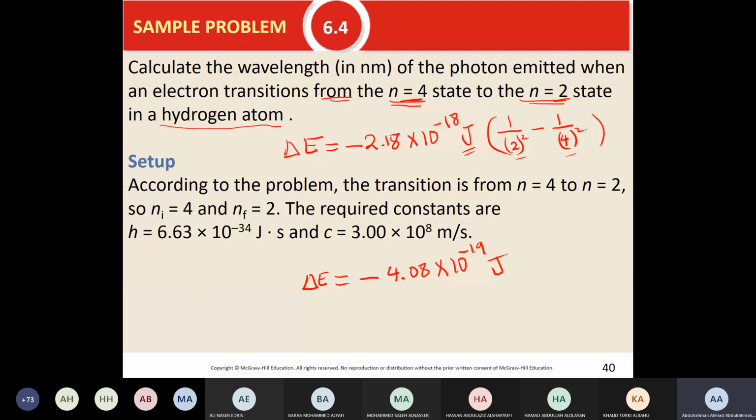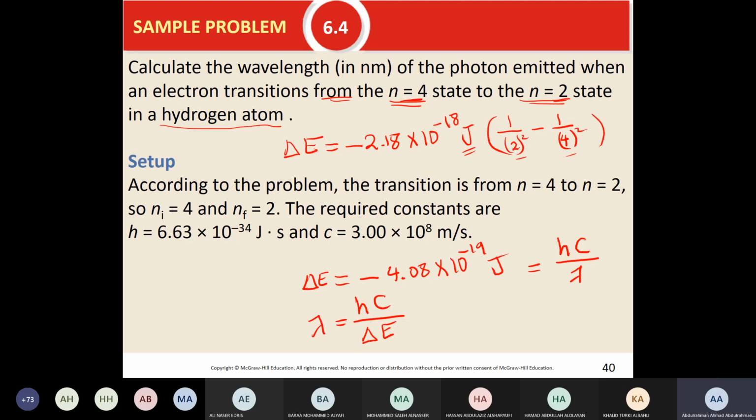How can you find lambda? 1 over lambda equals what? Delta E equals hc over lambda. We took this already. So what's lambda equal to? hc over delta E. Exactly.